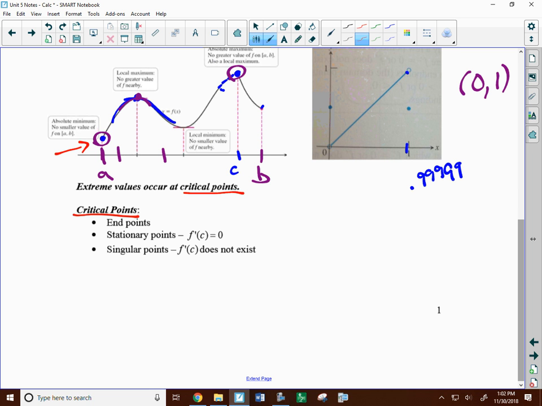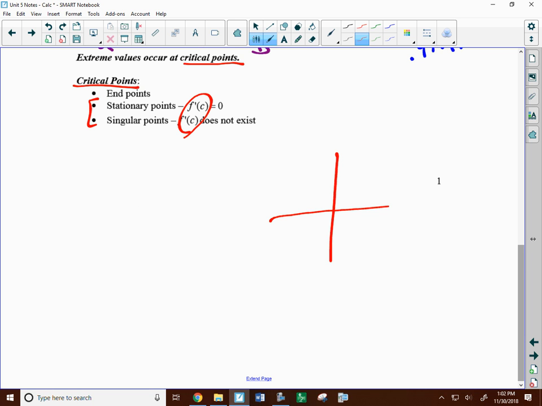There's 3 of them. The first is endpoints. The second 2 are both based on the derivative. So you first see if there are endpoints, then check the derivative. The first one we call stationary points. We have been doing this since Unit 3.